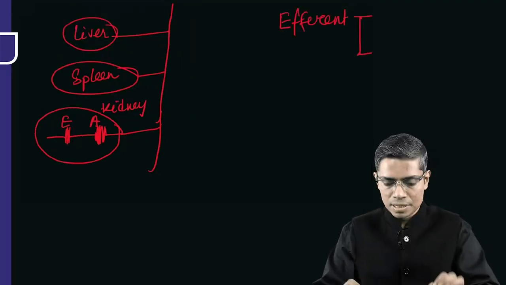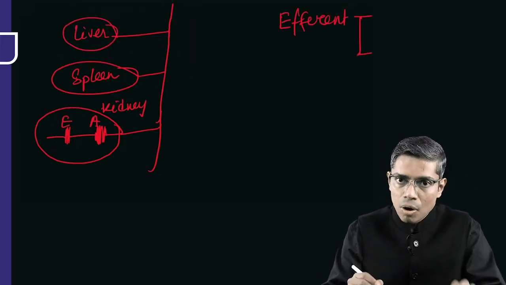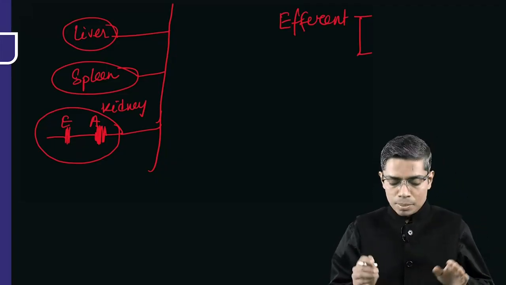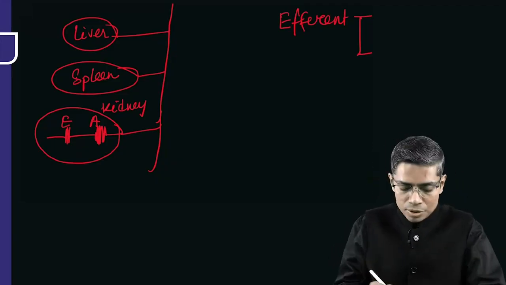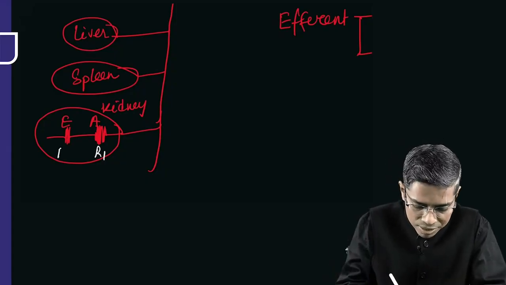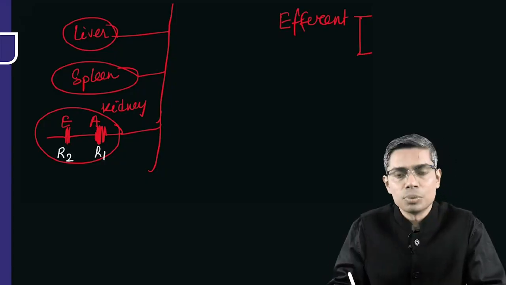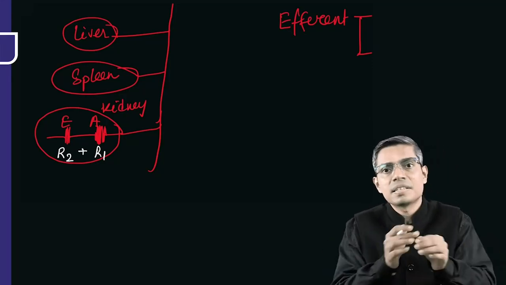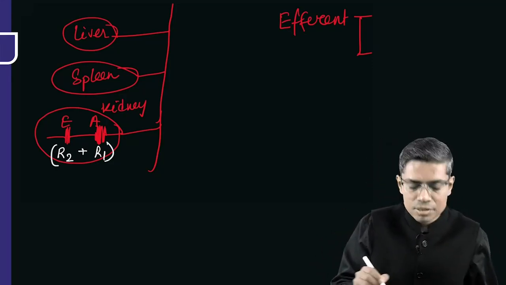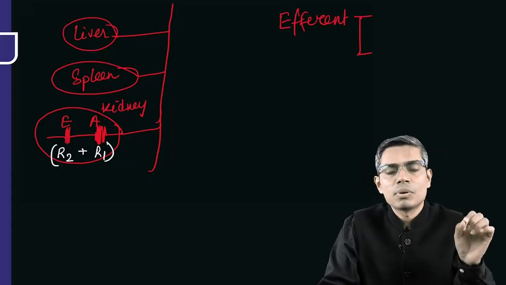If you cause constriction of the afferent arteriole or efferent arteriole, both of these are in a series circuit. Means if this is your resistance R1, and this is R2, both of them are in series. Means the total resistance of the kidney is nothing but R1 plus R2.